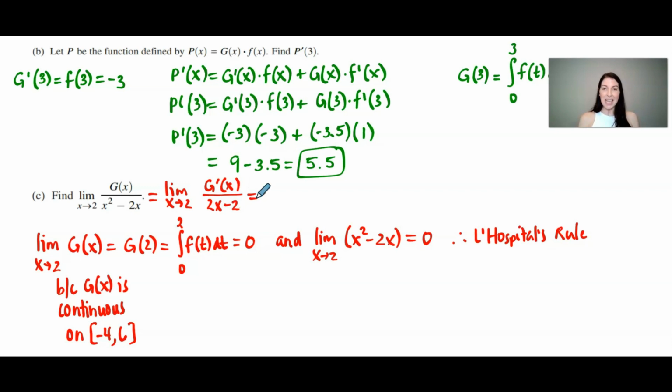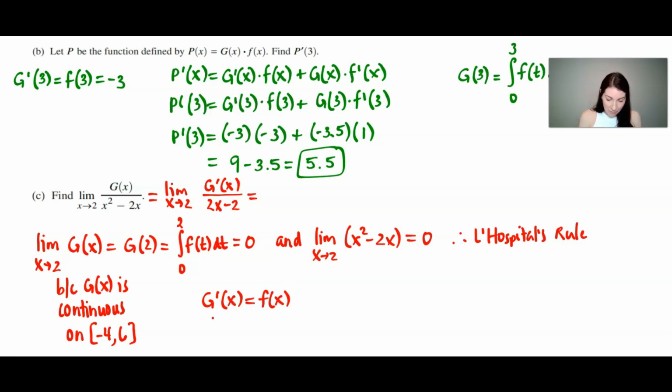So now let's think if we were, again, to plug in 2. So g prime of 2, well, we already determined, remember that g prime of x is the same thing as f of x when we took the derivative of that integral that we were given in the problem.